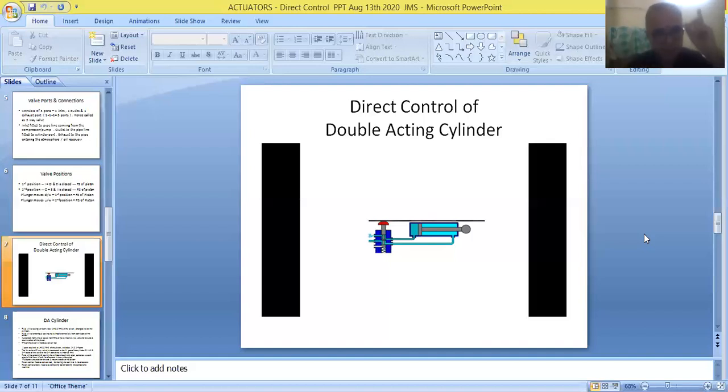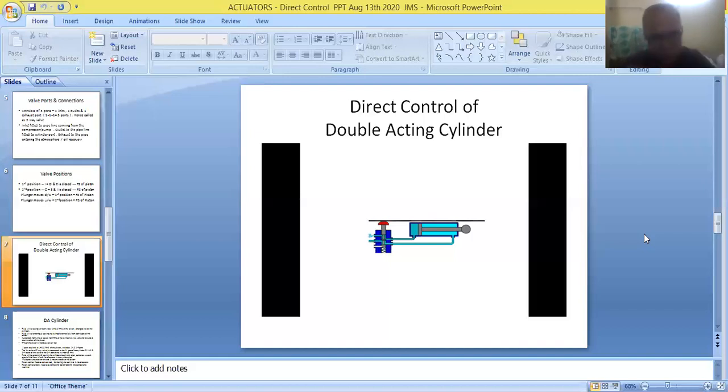In a single acting cylinder, fluid pressure moves the piston in the forward direction and spring pressure moves the piston in the reverse direction. But in a double acting cylinder, fluid pressure moves the piston in the forward direction, and the same fluid pressure also moves the piston in the reverse direction.